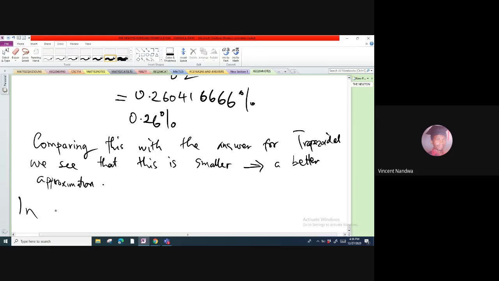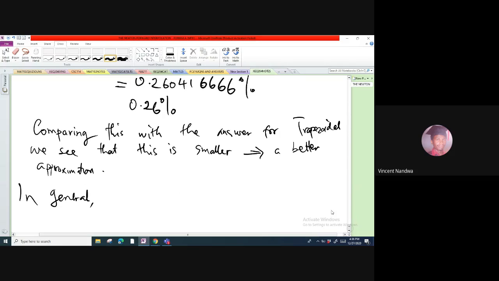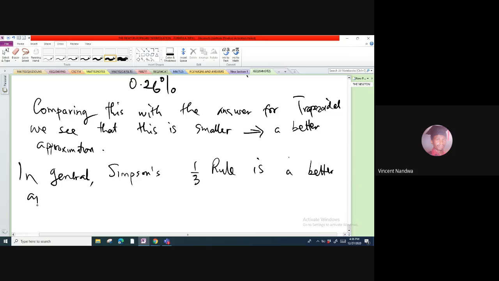So in general, Simpson's one-third rule is a better approximation method compared to the trapezoidal rule.